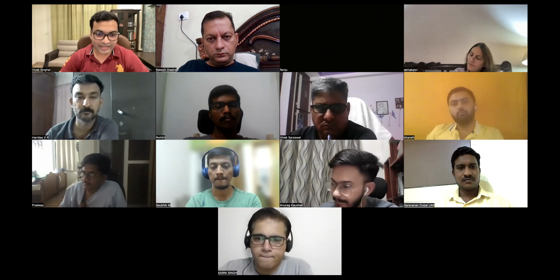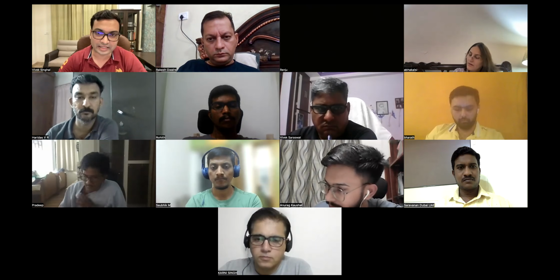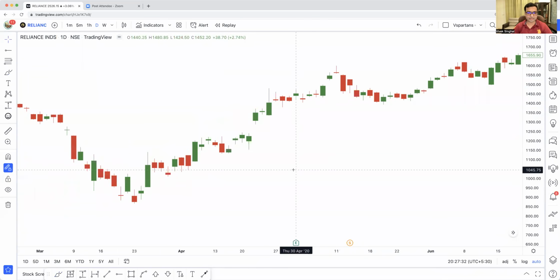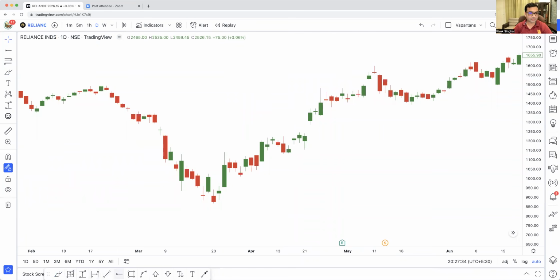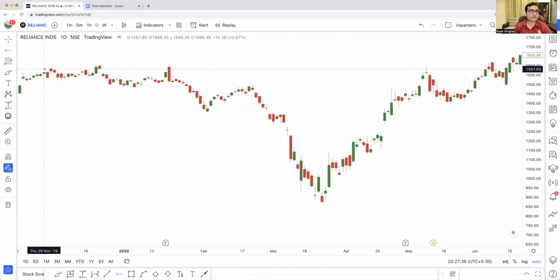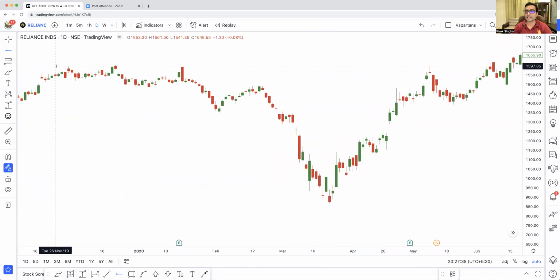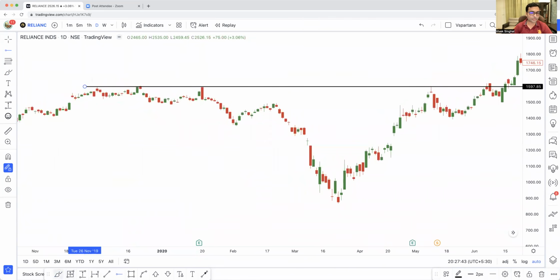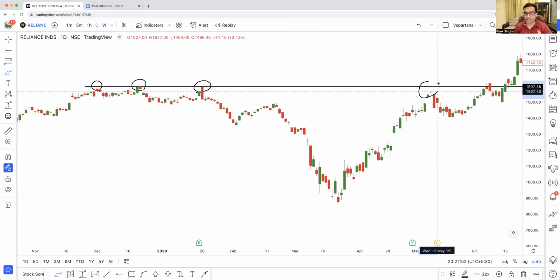Identifying a range is very easy. For example, I'm removing all the drawings and placing only the horizontal connecting line, right? So we have identified a few things here like the starting point of the shoulder, the end point of the shoulder, then the head, then the right shoulder, and this is a deeper one, and this point.